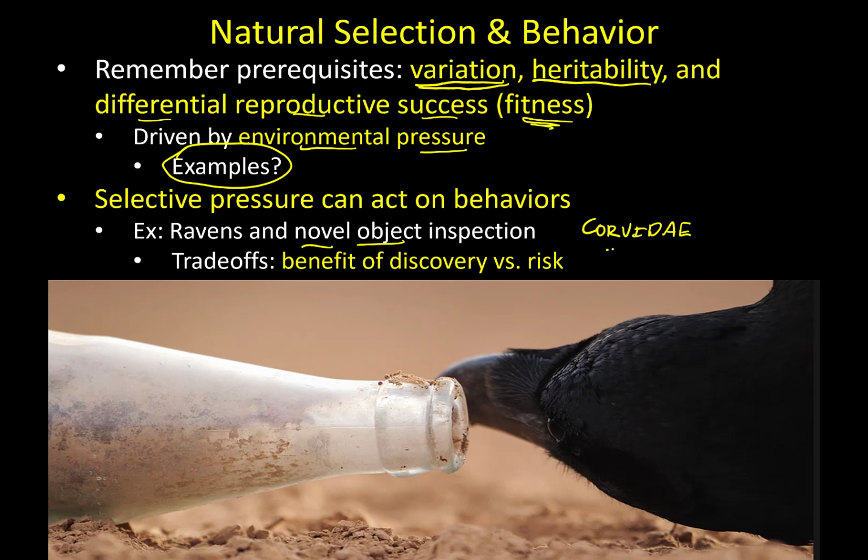This also includes birds like crows, jays, and a number of other types of birds. But what all of these birds tend to have in common is that they're very inquisitive, they're very curious. So they have a tendency to inspect new items or new things that show up in their territory.